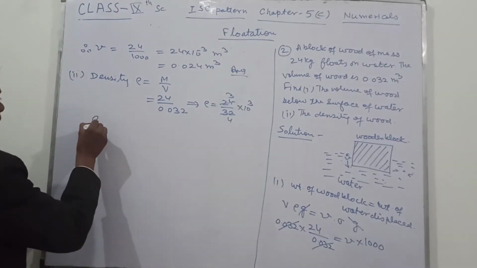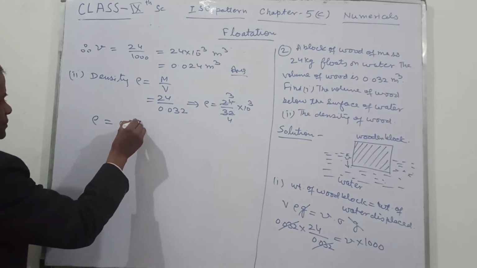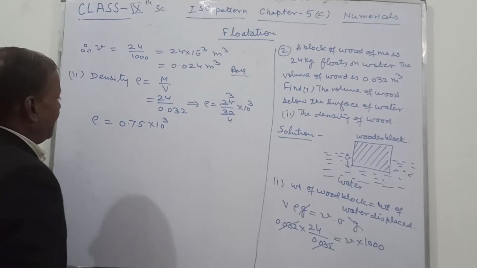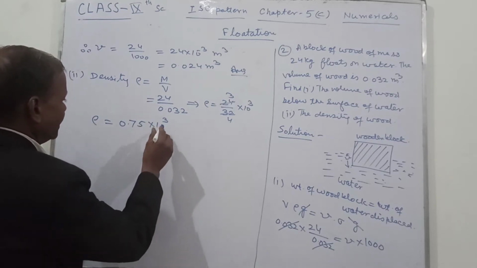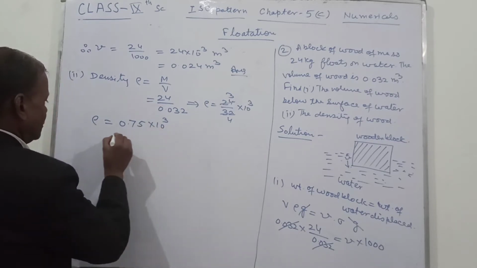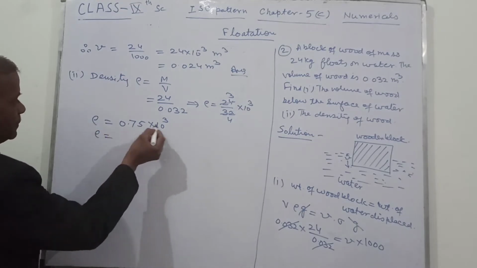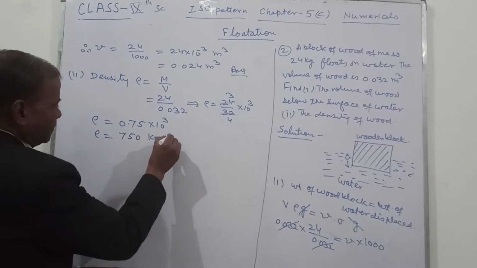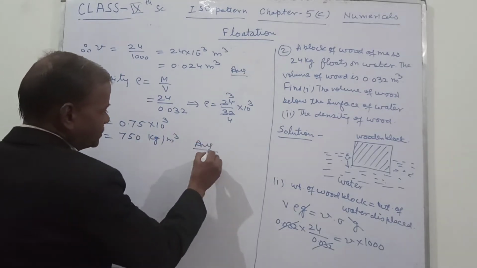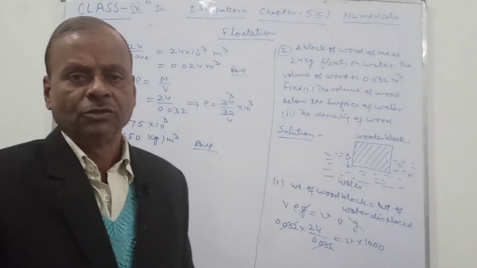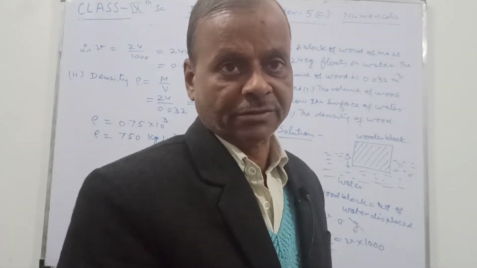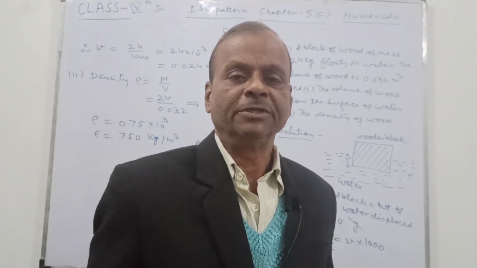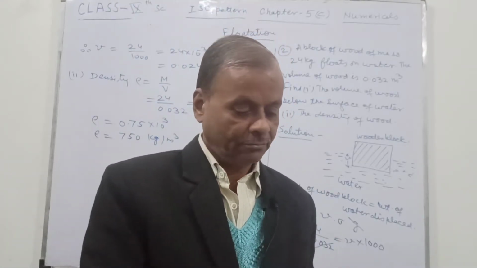So this rho will be 0.75 into 10 raised to the power 3, or we can write this rho equal to 750 kilogram per meter cube. This is the answer of the second part. So we simply apply the law of floatation, that the weight of the wooden block equals the weight of the water displaced.